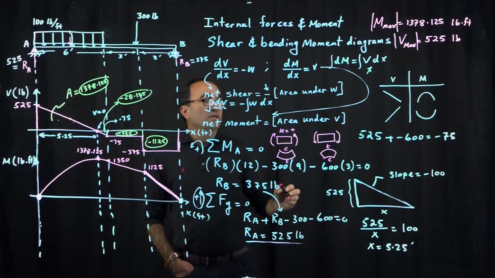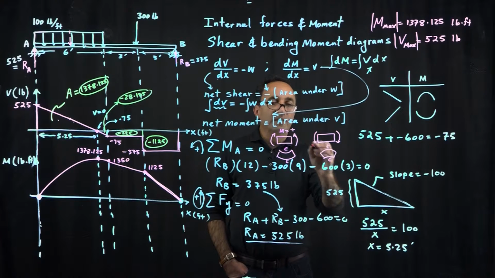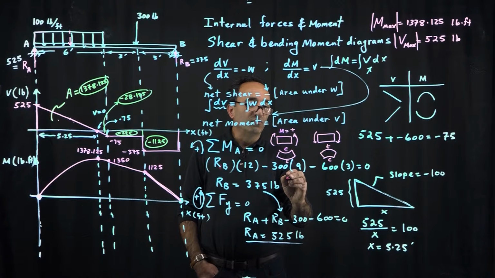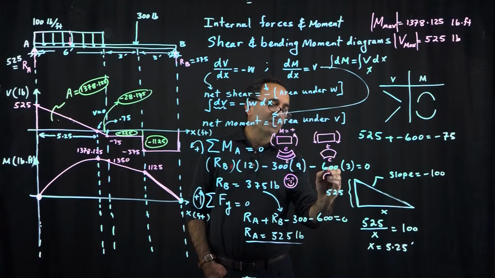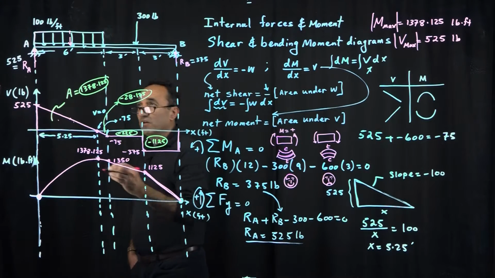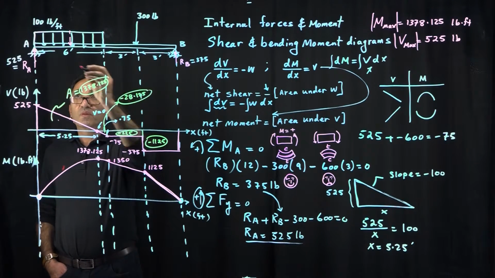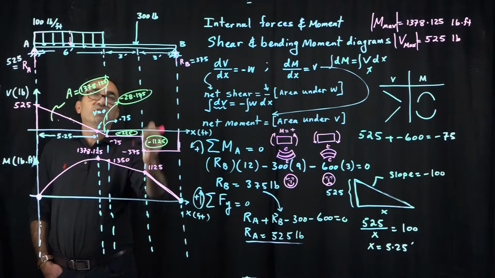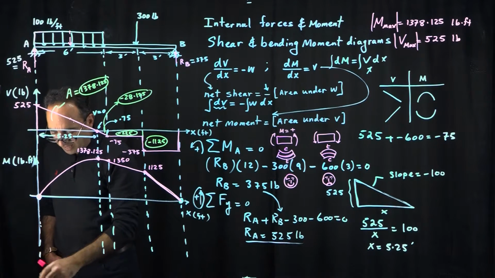And you guys remember, before I had shown you that this analogy is used with the happy face, sad face kind of. So happy is this mouth, which means the moment is positive. Just a way to remember things. And sad means negative moment. And that's the shape of the mouth. So that analogy could be useful here. Of course, this is everywhere positive, which means this beam cannot be sad.